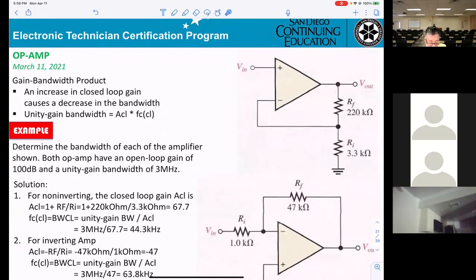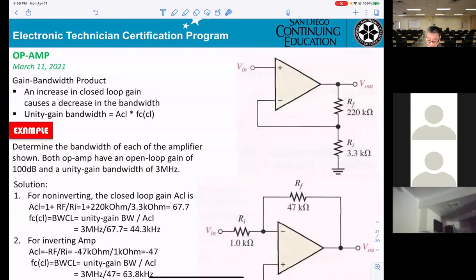Unity gain bandwidth equals ACL times FC. Now let's see what they try to do here. Determine the bandwidth of each amplifier. Both of them have an open loop gain of 100 dB and unity gain bandwidth of 3 megahertz.